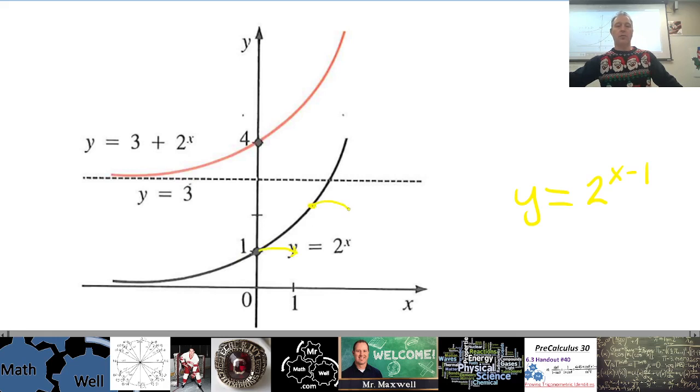All points would move over 1 unit, and so we would have a translation in the positive 1 direction. So it would look something like this, and it would transfer 1 unit over. Okay, and then if this was plus, it would go the other way, and so on.